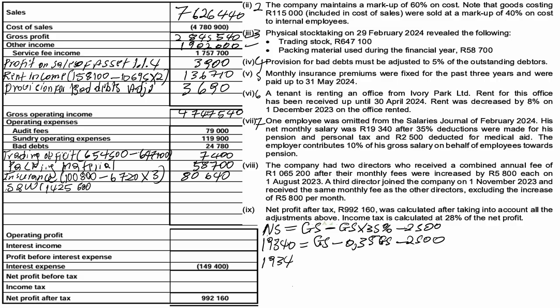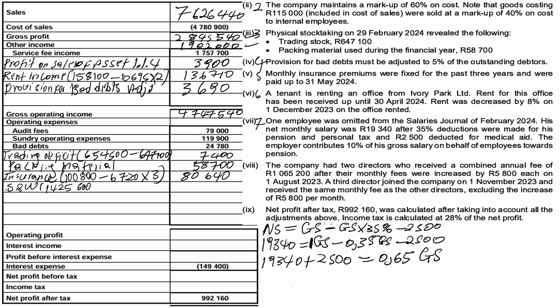The sign will change into a positive 2,500, which is equal to, we have an invisible 1 here, so it's 1 minus 0.35. On my side, I'm getting 0.65 GS, gross salary.